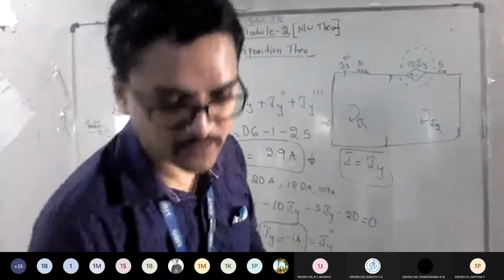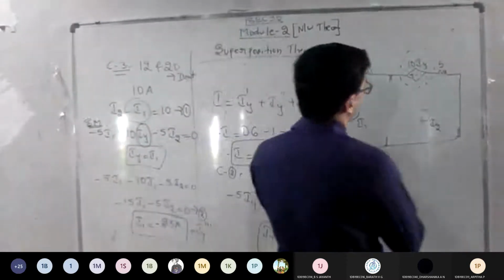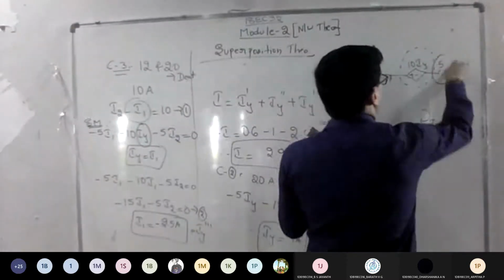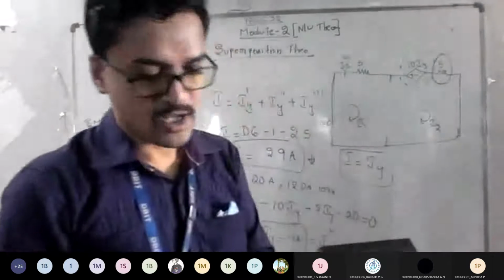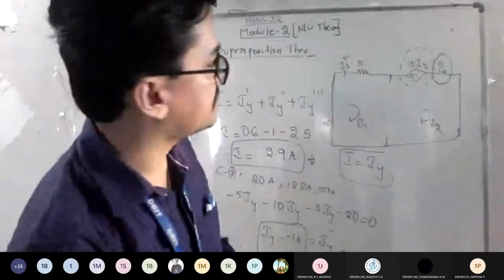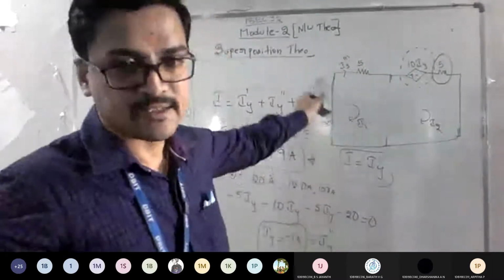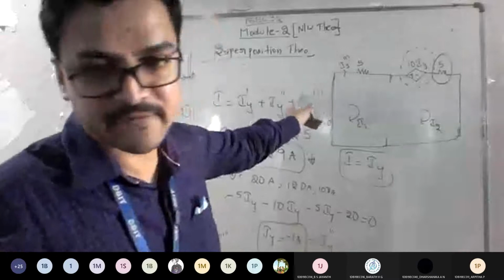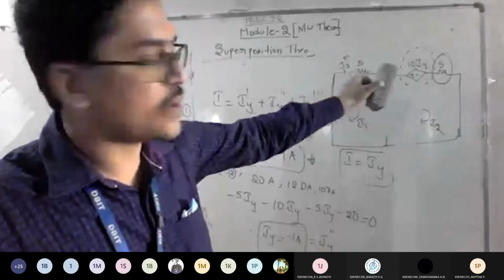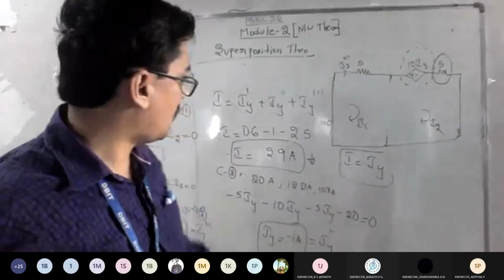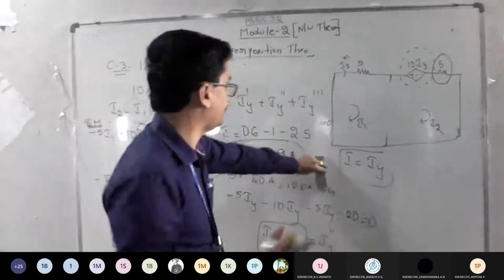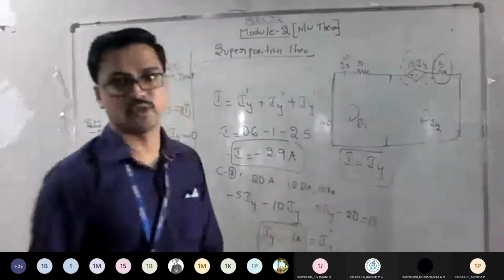I want you to find the current across this one also now. Across this one also, what's the current? So I will designate, for the safer side, this 5 ohm towards my left-hand side, and that one towards the right-hand side. So whatever answer you got, minus 2.9, is for which one here, left or right?